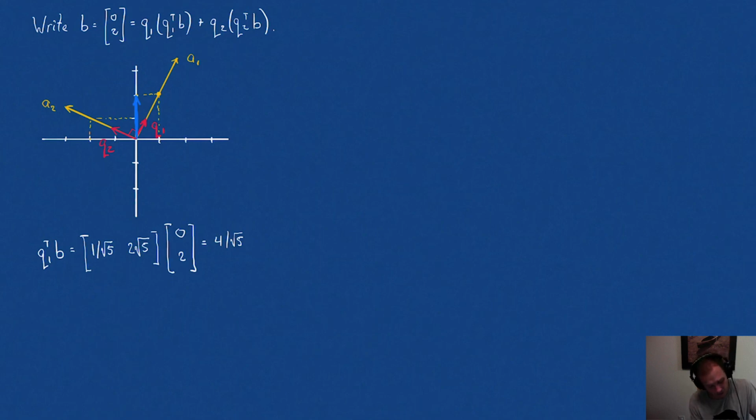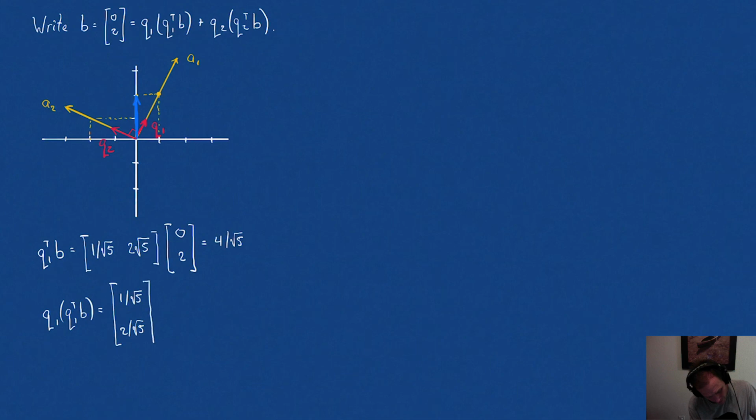So my first component then is Q1 times Q1 transposed B, which is 1 divided by the square root of 5, 2 divided by the square root of 5, times 4 divided by the square root of 5.